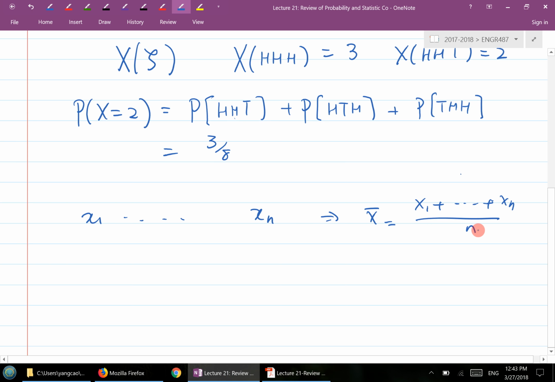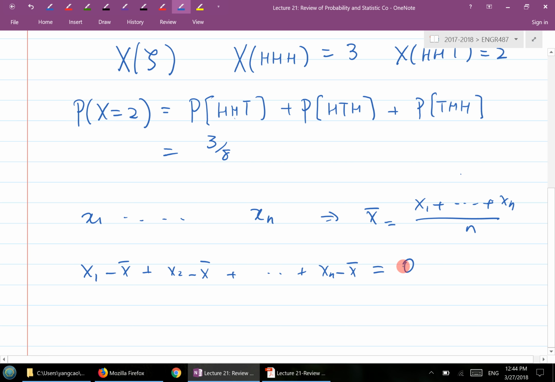That makes sense, right? So technically speaking, if I use x1 minus x bar, plus x2 minus x bar, and then up to xn minus x bar, I should get what? 0, right?